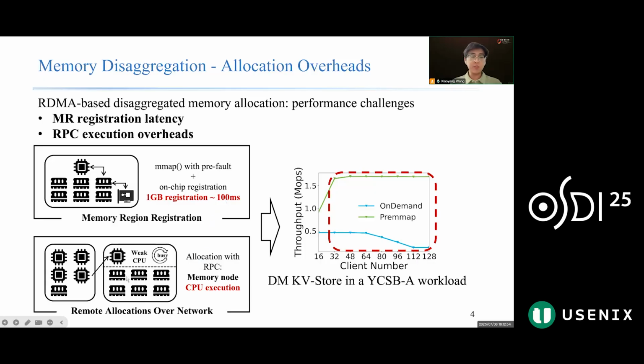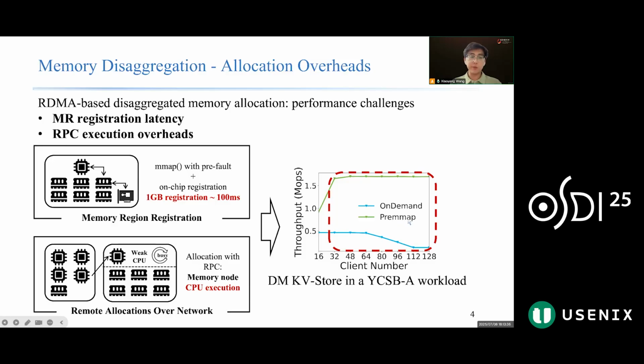And second, RPC-based allocation adds extra overhead because memory nodes often have limited CPU power, as we don't want to reserve too much CPU resource on the memory side. To give an example, in a DM-native KV store system, the on-demand registration method achieves only 20% of the throughput of the pre-registered memory region, highlighting that frequent memory region registration during runtime is impractical.